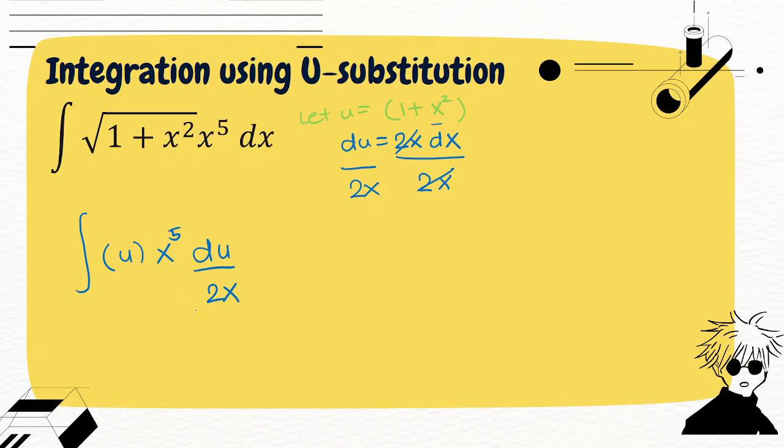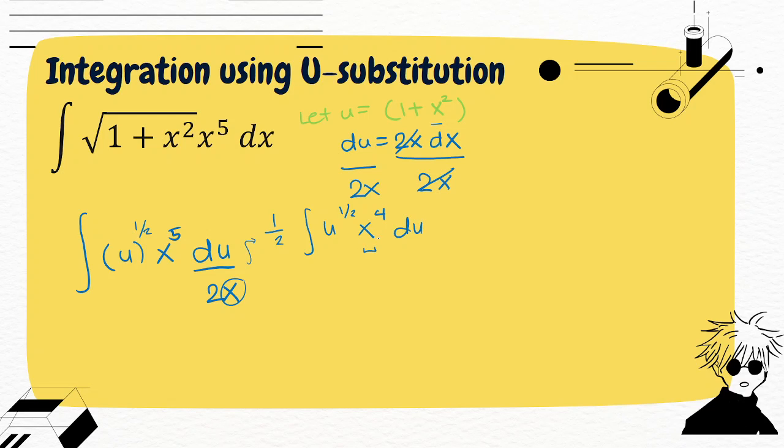When I divide, I will have 1/2 the integral of u raised to 1/2 times x raised to 5 divided by x. The answer is x raised to 4 du.